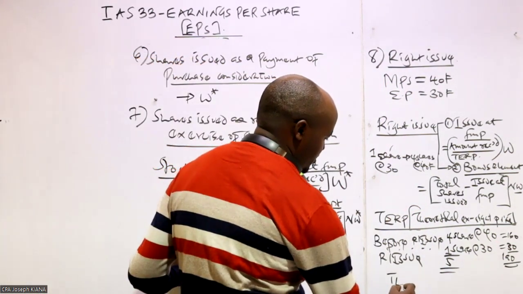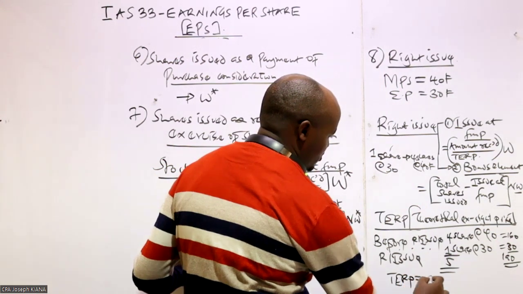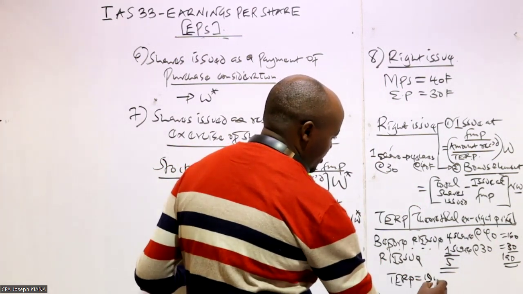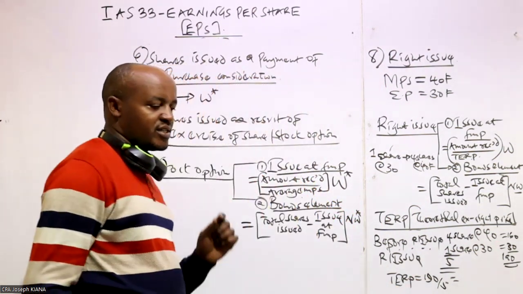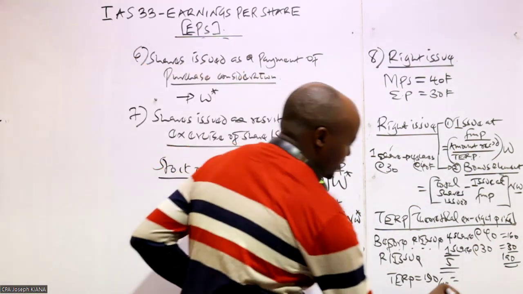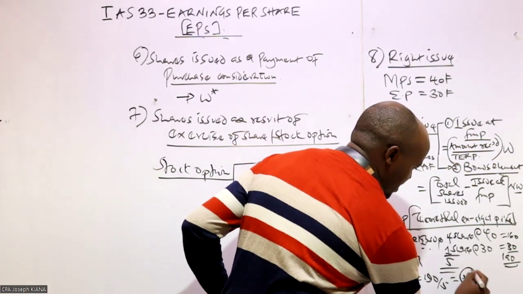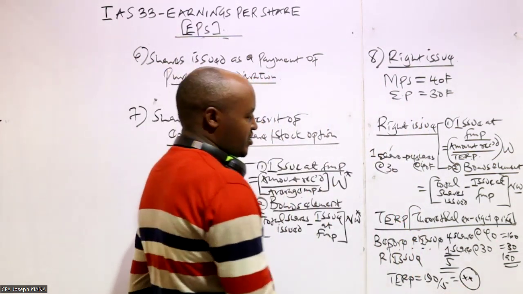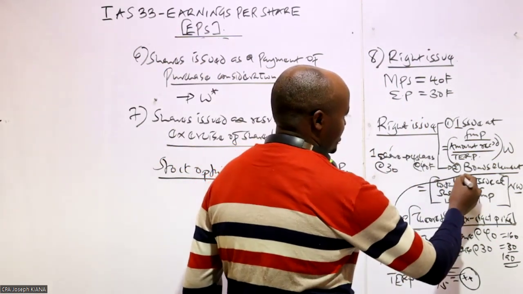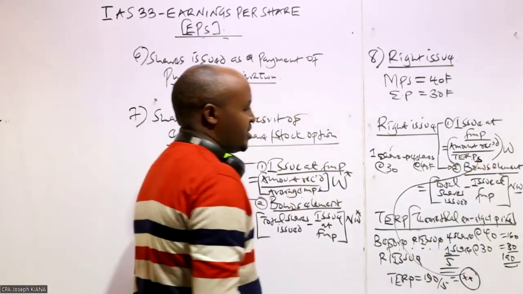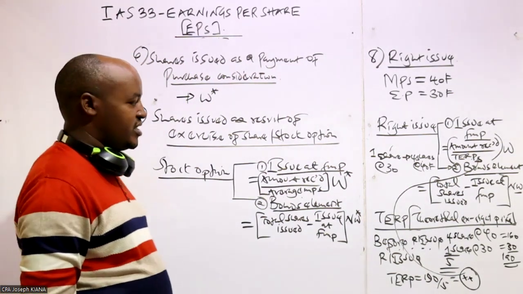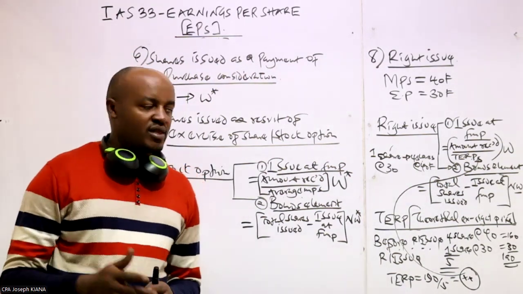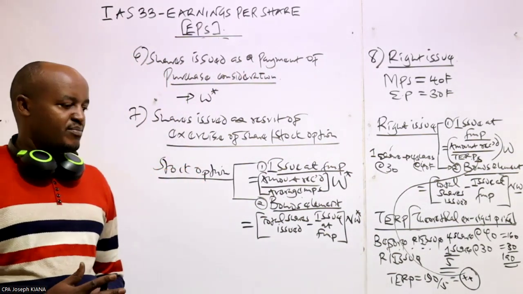So you take the total market price of 5 shares, divide that by 5, so that now you get the theoretical ex-right price. Whatever you get here is what is known as the theoretical ex-right price, and that is what you use in splitting those particular shares issued by the company during the right issue into those 2 components, the issue at full market price and the bonus element.